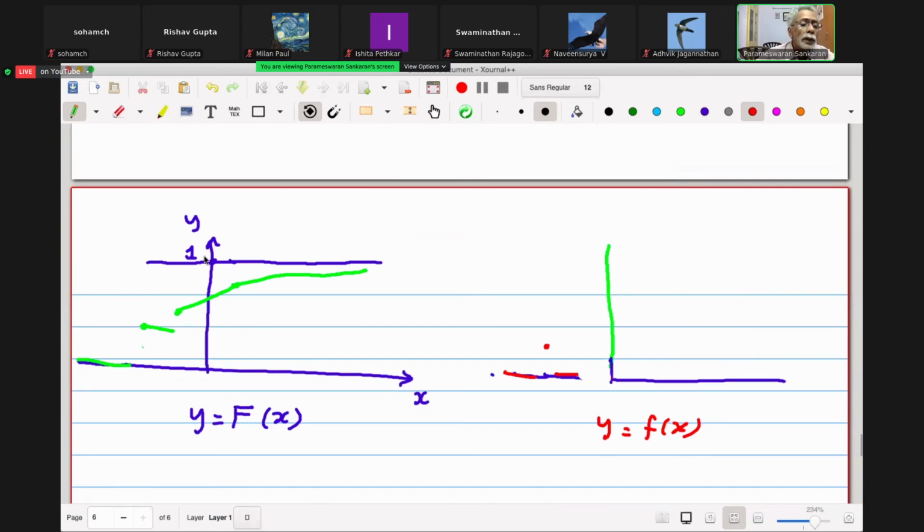Okay. So let me make things a little more, make this continuous so that the concept is clear. So from here onwards the graph is going like this, and then maybe like this, and this is asymptotic.